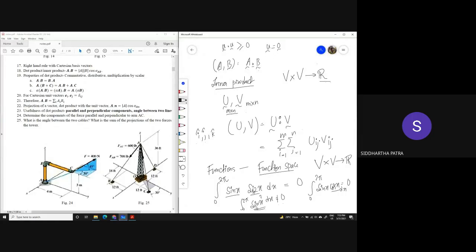Same thing applies here. If it is sine of x, which is not 0 everywhere between 0 and twice pi, this integration is always greater than 0. My point is that the dot product that we are talking about comes from a broader class of products called inner products. Let's move on to our next problem.